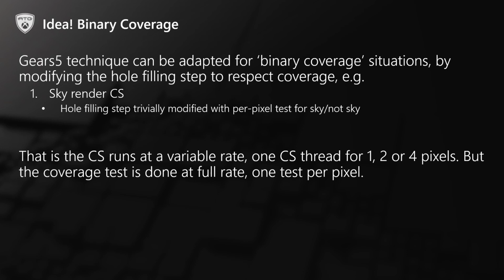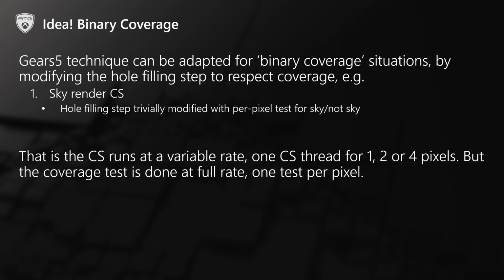There is actually a very simple extension to the Gears 5 technique where, although you're not respecting coverage while you're producing the values, so your values are being produced at a low rate, you could respect coverage at the point where you're doing the hole filling. So for example, if you're rendering clouds at a low rate, because this particular screen tile, the clouds are extremely diffuse, there's no outline.